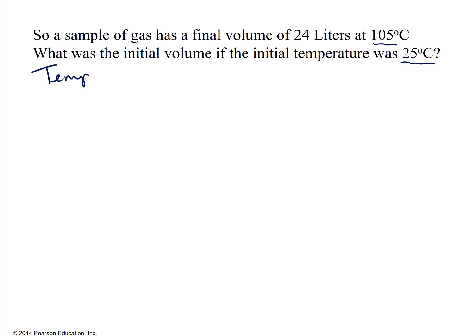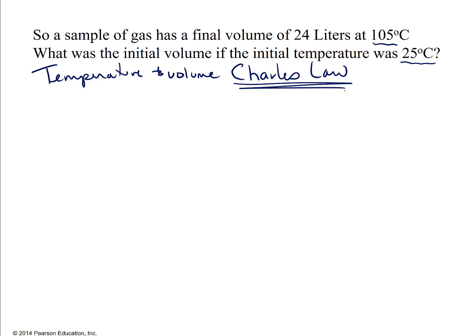So if you see temperature and volume, then you know it's Charles's law. Temperature and volume is Charles's law, but there is that one criteria. Temperature values cannot have a negative number.